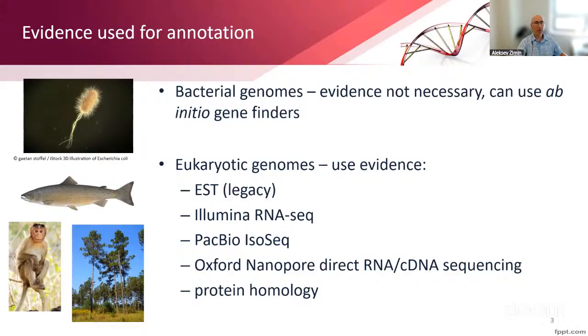Protein identity is preserved at very large evolutionary distances, and so protein homology may help you recover those transcripts or coding sequences that are not present in your transcriptome sequencing data.